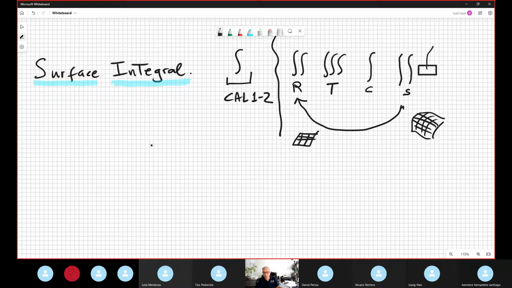It represents the density of the mass, but on the surface, in the area, surface density. Okay, it's maybe kilogram per meter squared. And this is dS.